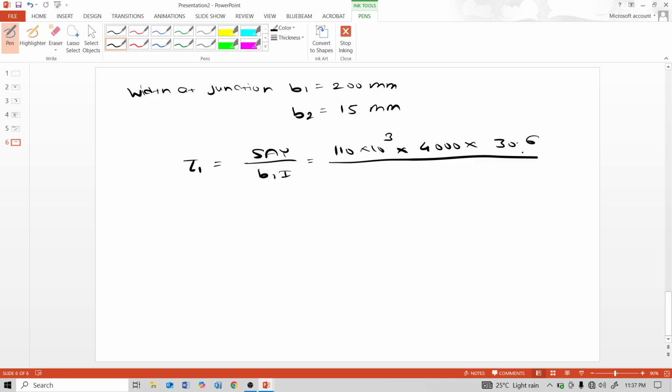B1 for that flange portion at junction is 200 mm, multiplied by the moment of inertia, 14.75 into 10 raised to 6. Tau 1 is equal to 110 multiplied by 10 raised to 3 multiplied by 4000 multiplied by 30.6 divided by 200 multiplied by 14.75 multiplied by 10 raised to 6, which is 4.56 MPa.